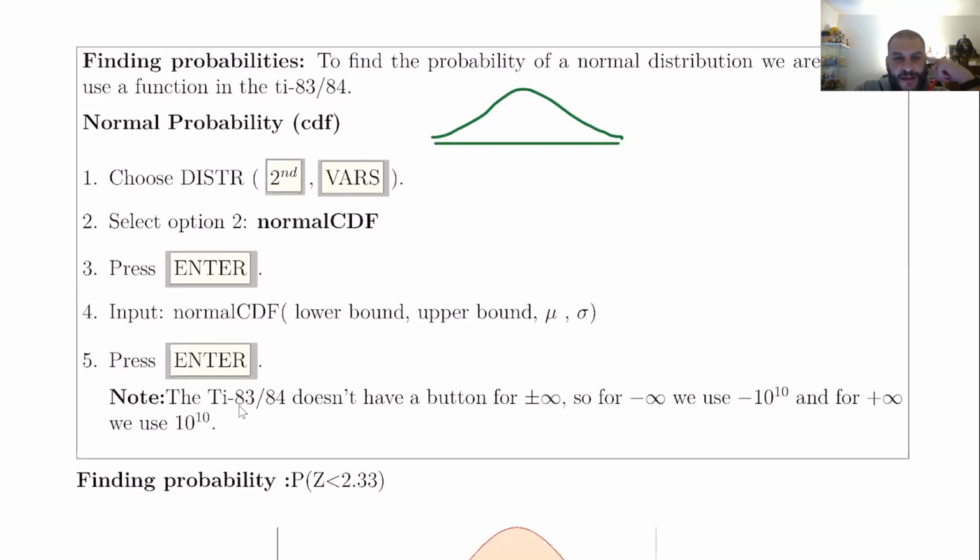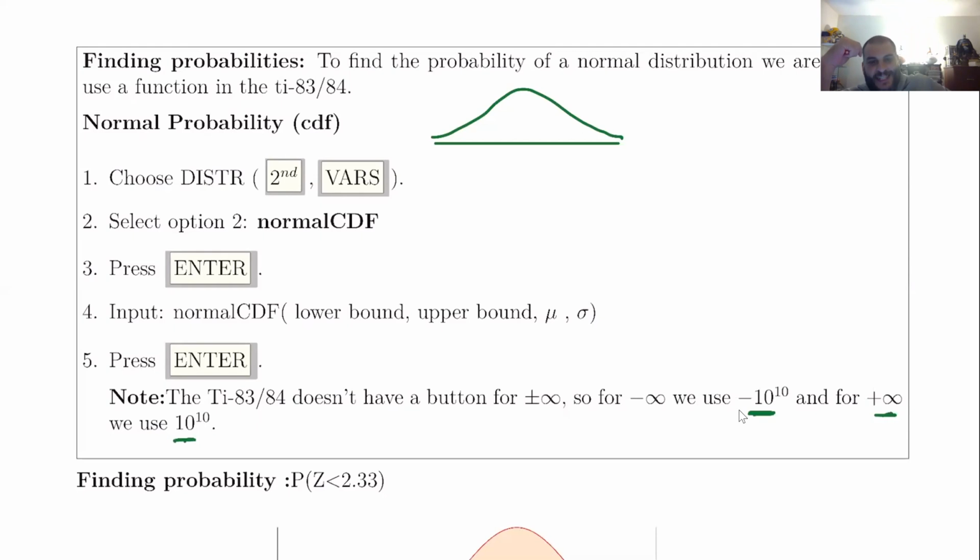One thing you have to be careful about is that in this section, we're going to be dealing a lot with positive infinity and negative infinity. The calculator doesn't actually have a button for negative infinity and positive infinity. So instead of negative infinity, I say we're going to use negative 10 to the 10 power, and instead of positive infinity, we're going to use 10 to the 10 power.